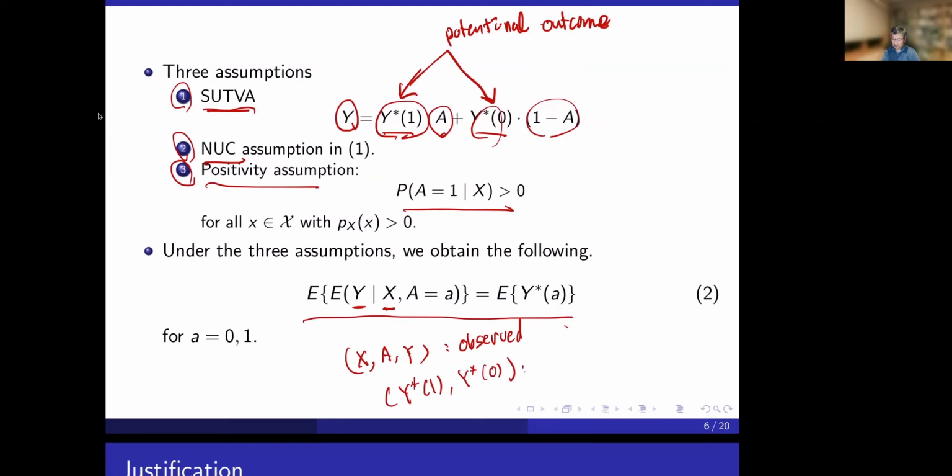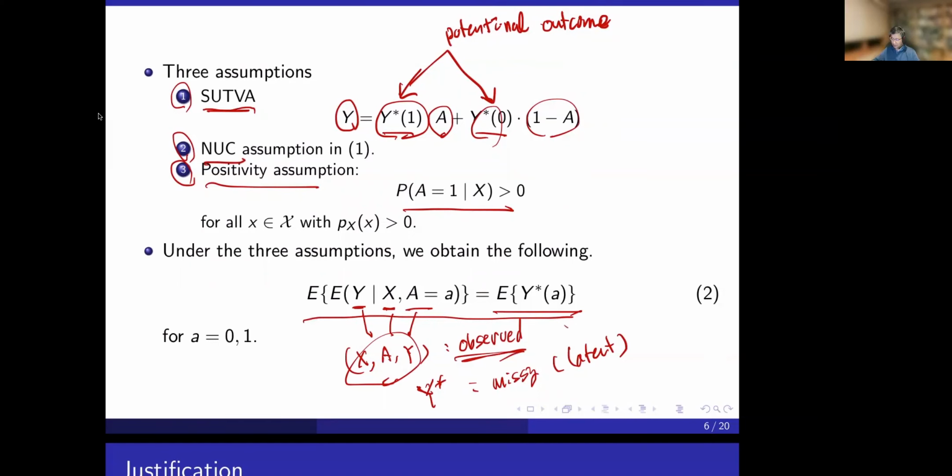In that sense, Y star is missing or latent, whatever. You have three observed variables, but using them you can actually compute the expectation of the unobserved variable.